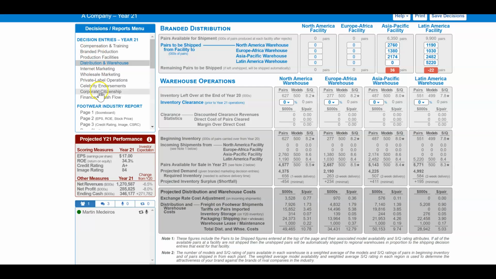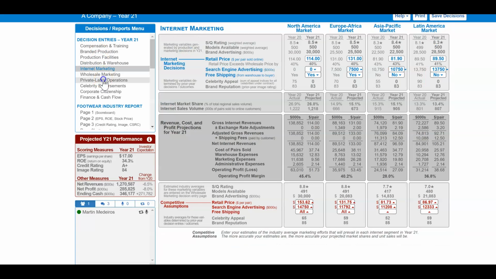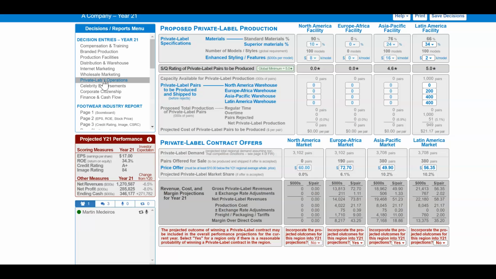There are 10 departments, and each department has, I would say, an average of 15 to 30 different factors they can alter in each decision round. So you could see that it is relatively complex, but they're battling each other, and it takes a while for students to get up to speed in terms of what they do.